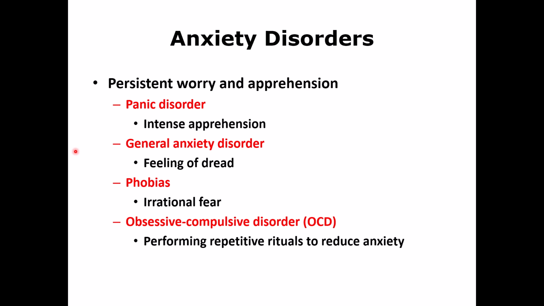Here the stress and anxiety and worry is so much, but it's a very acute attack, and in that attack, the person is not able to concentrate on anything specific. The person may have shortness of breath. They may have even chest pain, but that is an acute situation, so it will go away.